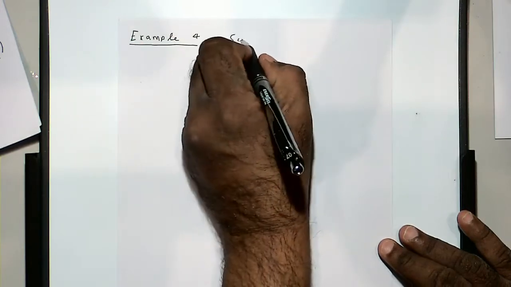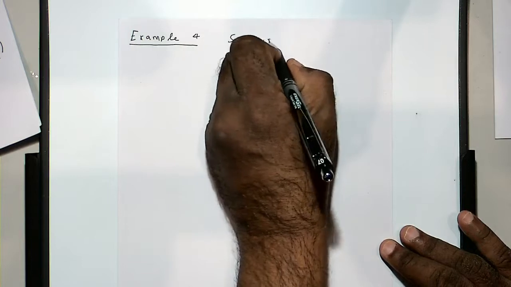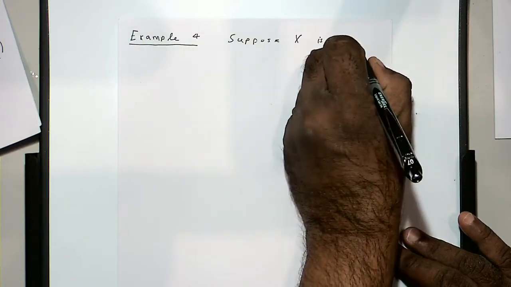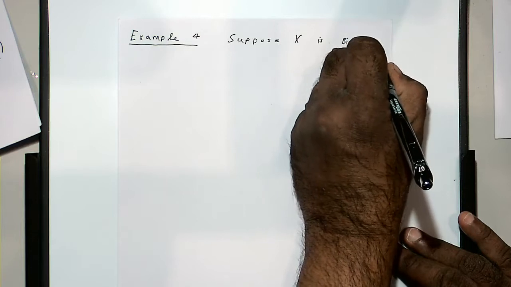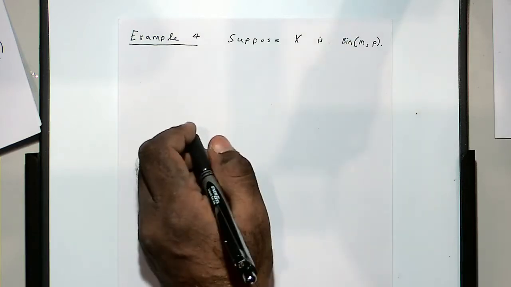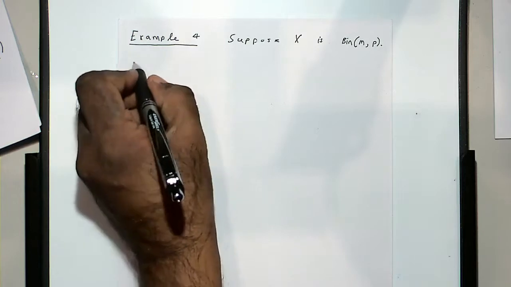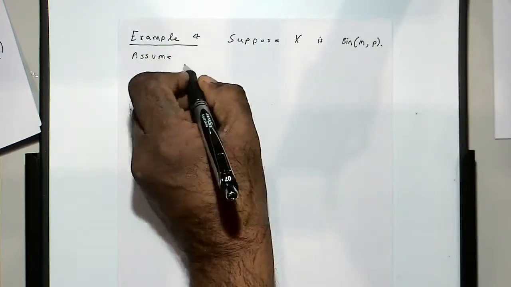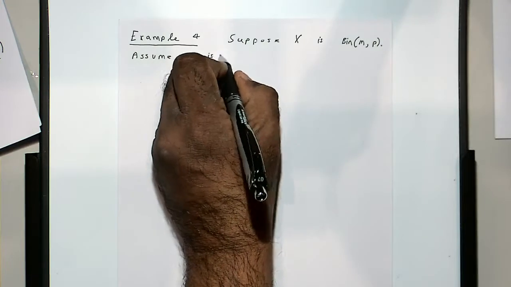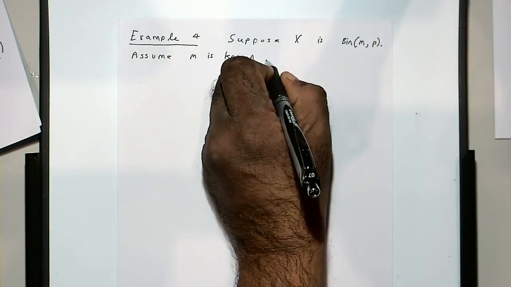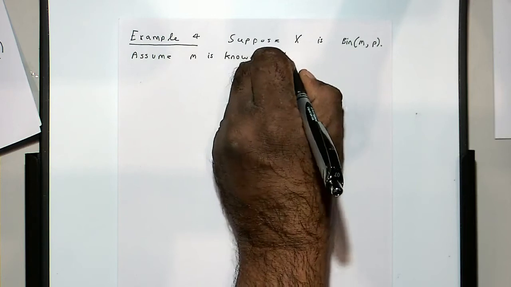In this example, I'm going to suppose x is a binomial variable with parameters m and p. Once again, assume m is known, but p is not known.